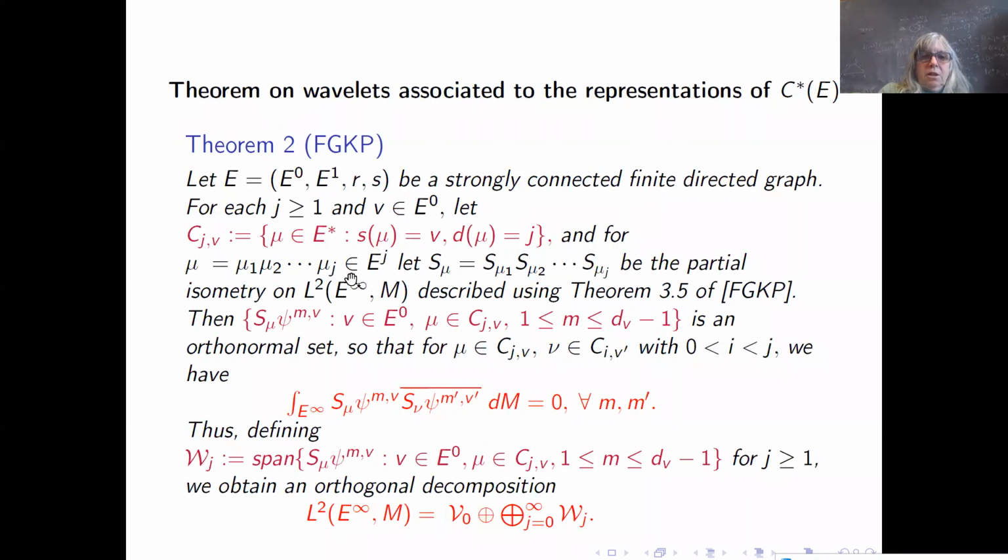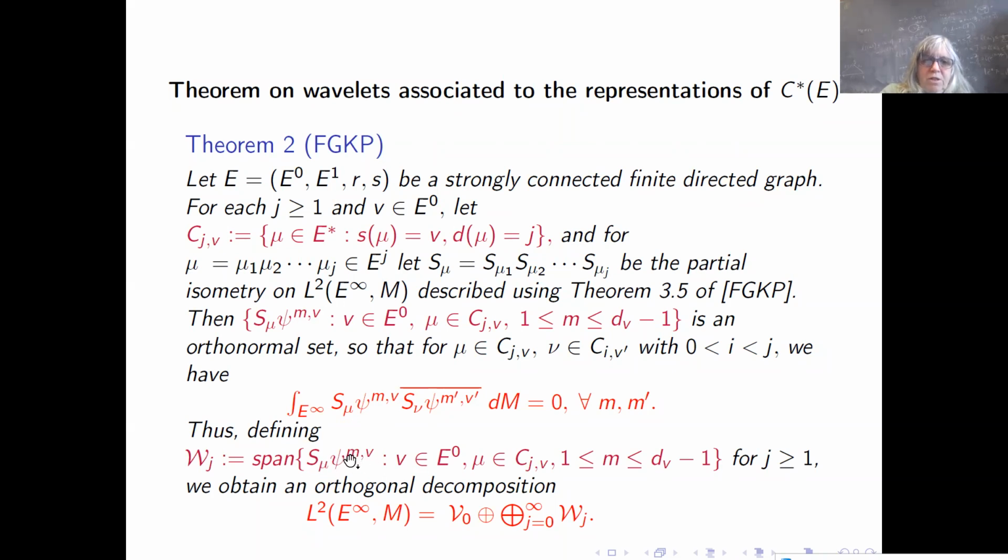And here's the second theorem, which can be generalized to higher rank graphs as well. And that tells us that you can define, we have the V0 and the W0, but you can define sets Wj by moving these wavelets by the partial isometries corresponding to paths mu.